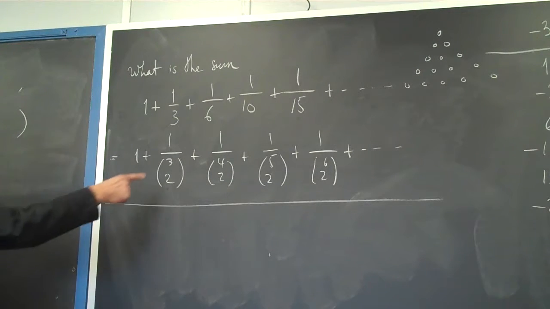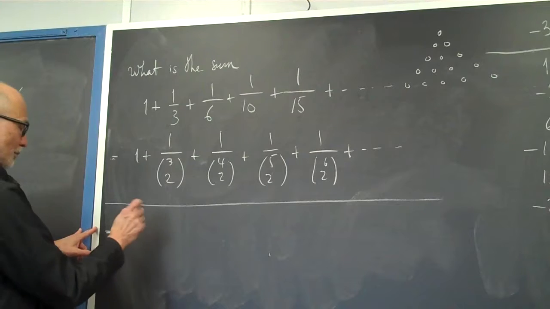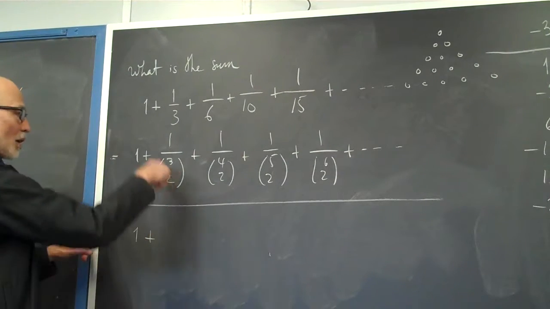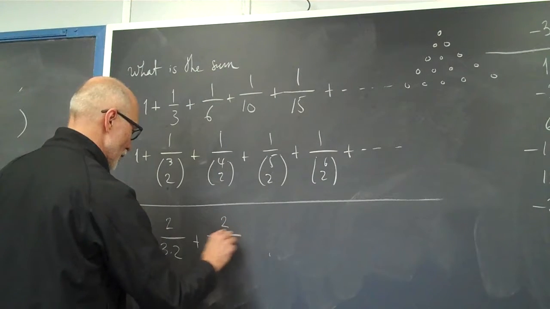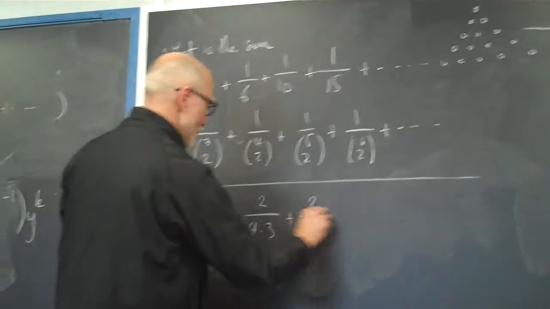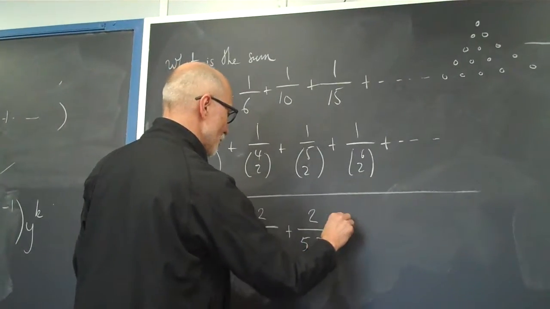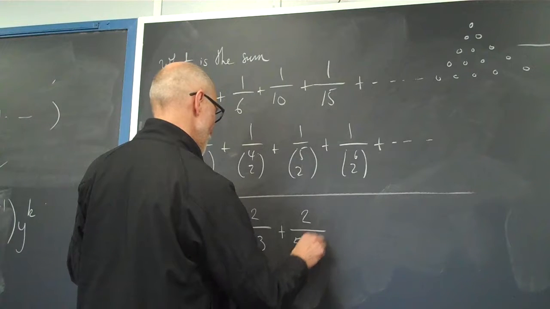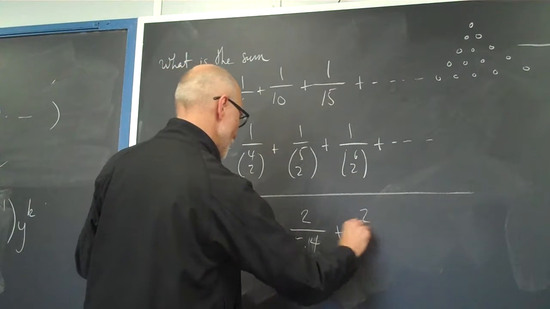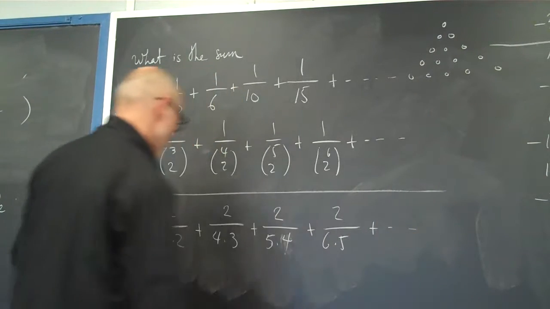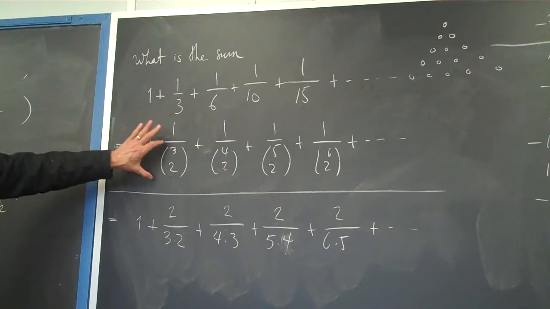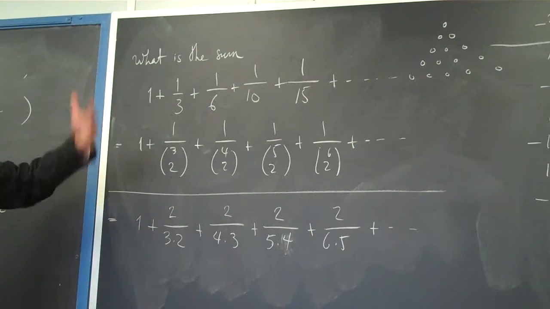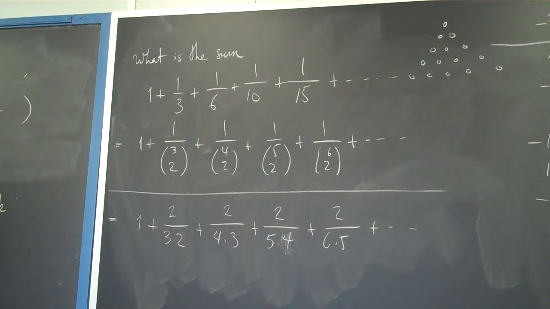First of all, I could rewrite these numbers as 1 plus 2 over 3 times 2, plus 2 over 4 times 3, plus 2 over 5 times 4, plus 2 over 6 times 5, plus, plus, plus, because of that explicit formula which we have for the binomial coefficients. So I have a 2 in the numerator and denominator like that.